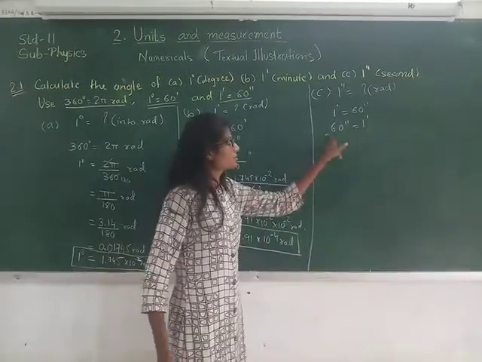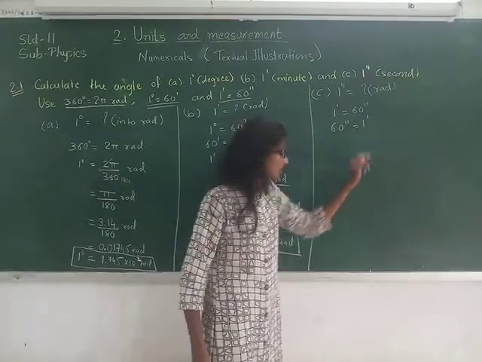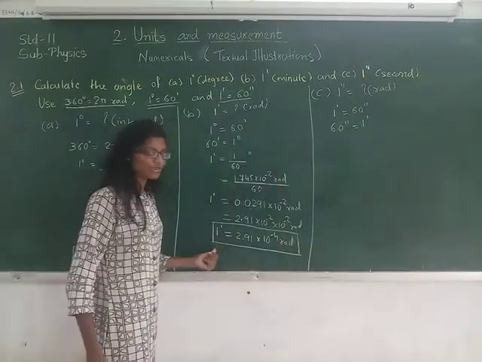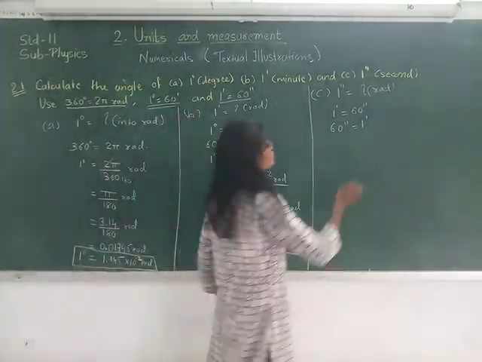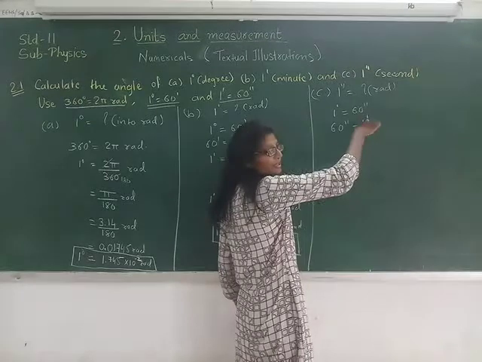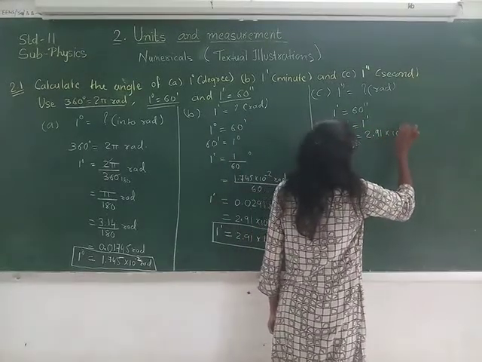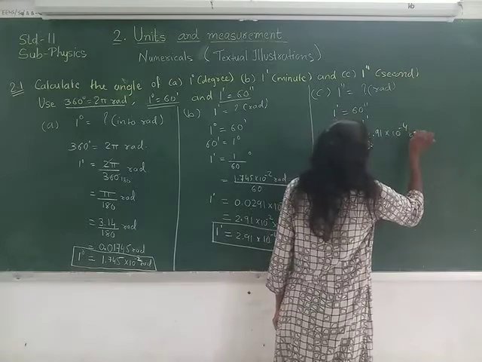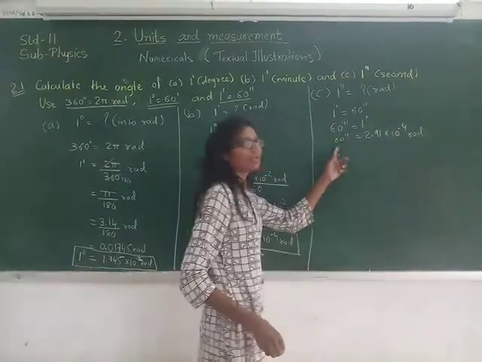Now dividing both the sides by 60, or first you can write the value of 1 minute. Over here we got the value of 1 minute as 2.91 into 10 raised to minus 4 radian. Right? Here we got the value of 1 second.